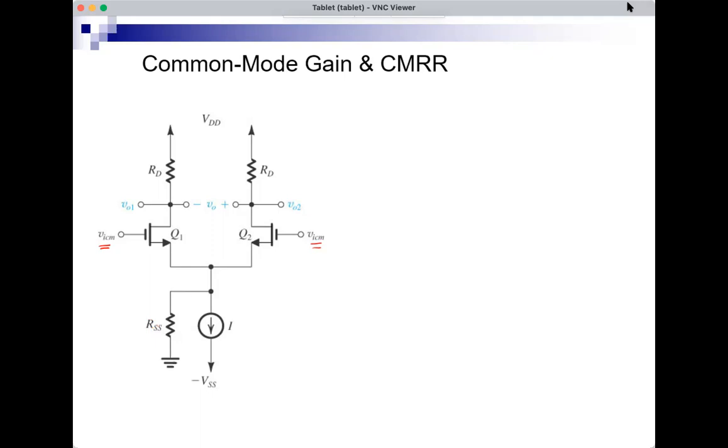So what is RSS? RSS is not the resistor that's connected in parallel with I. RSS is actually the output resistance of the current source. But we're showing it here because I want to also apply the half circuit technique in this case. So I want to try to split the circuit into two half circuits.